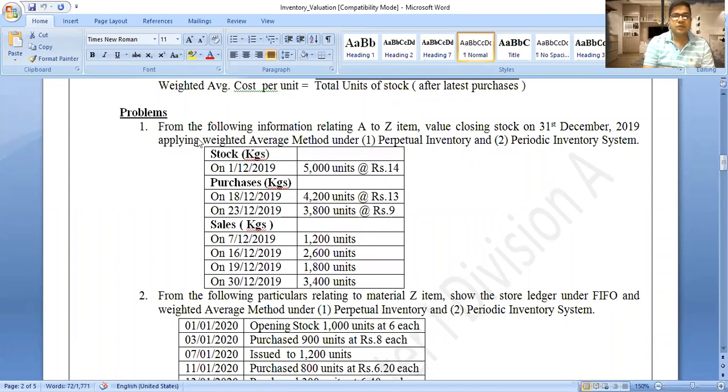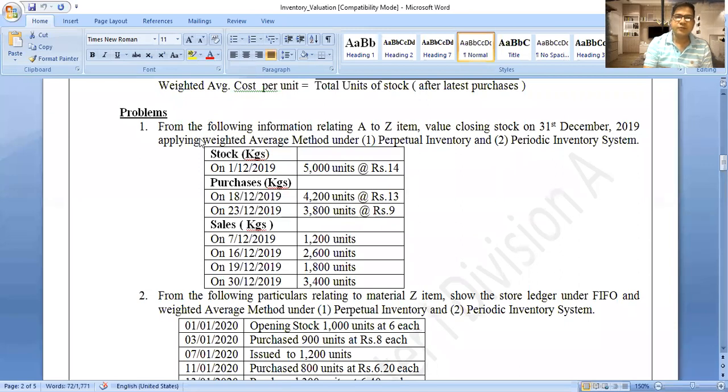Now friends, here I read this problem. In this problem, you are going to prepare the stock ledger, and you have to find out the closing stock on 31st December 2019.